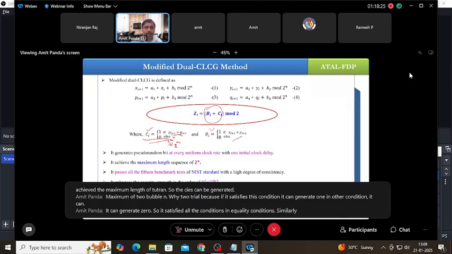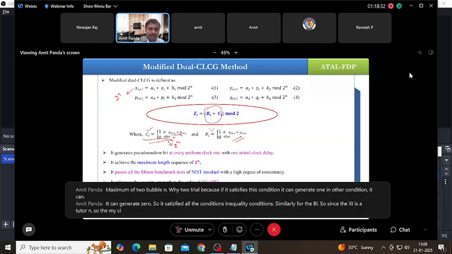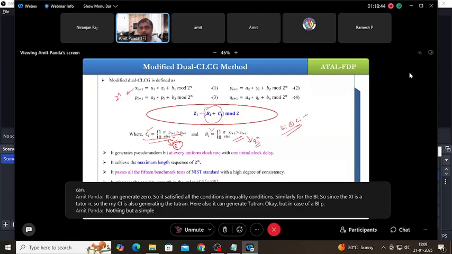Similarly for bi. Since xi is 2 to the n, my ci is also generating 2 to the n. But in the case of bi plus ci, it is nothing but a simple XOR gate, so it is also 2 to the n.